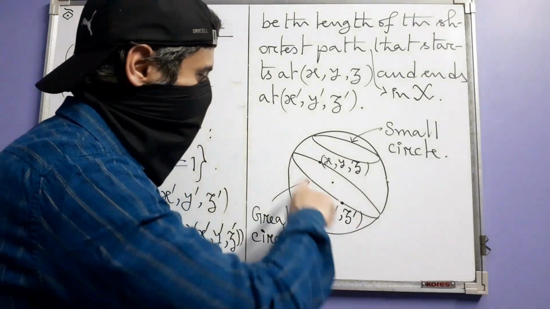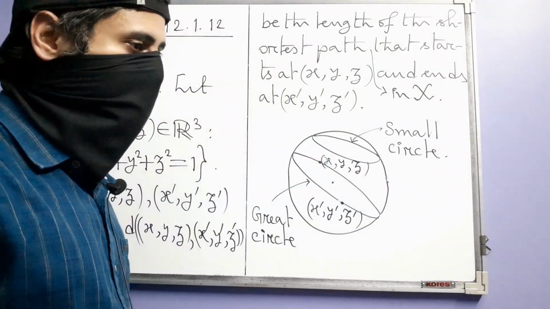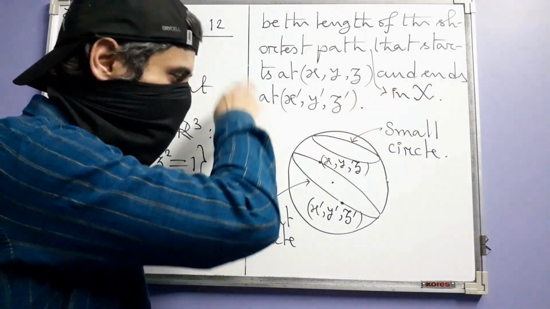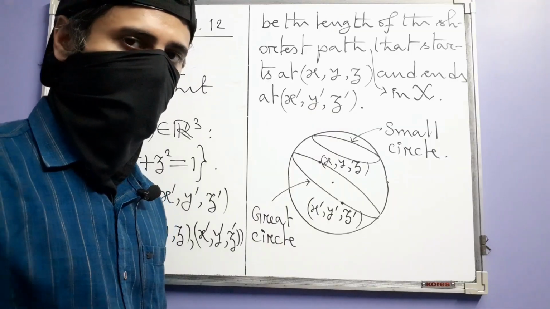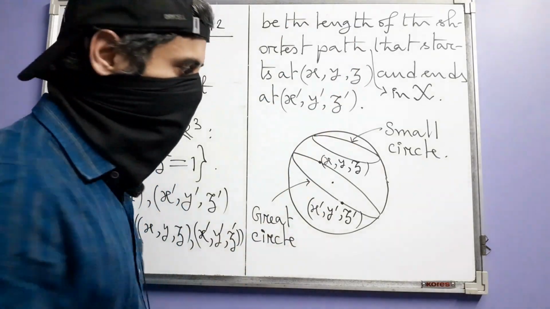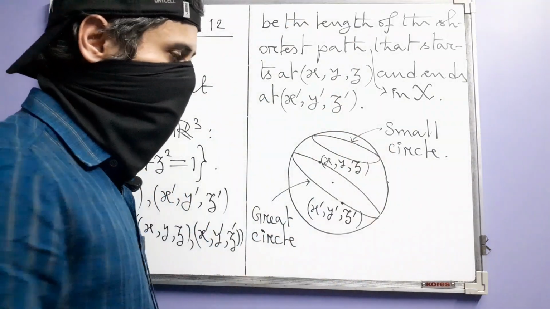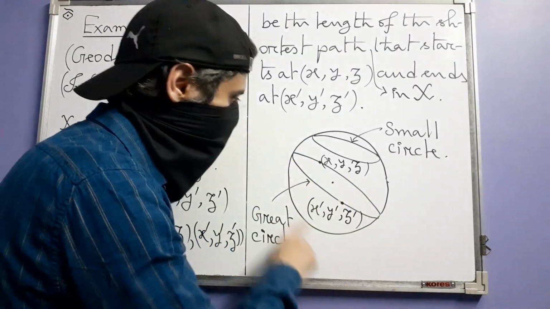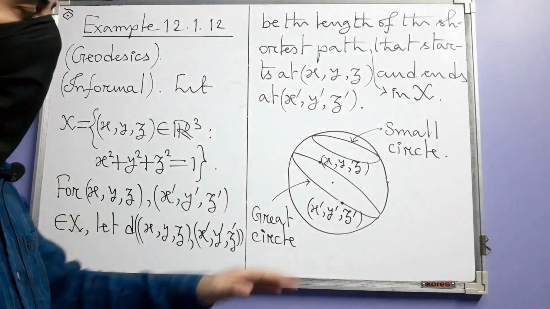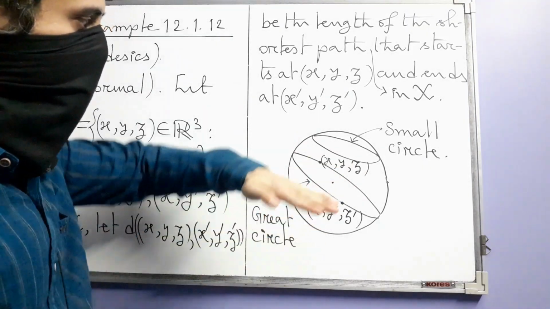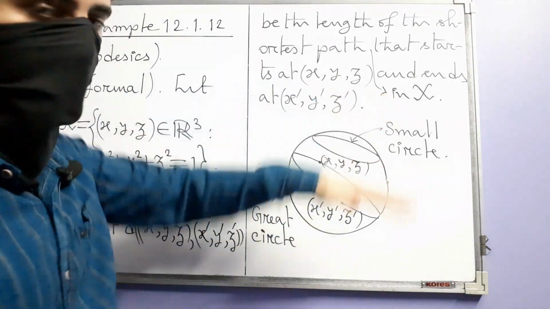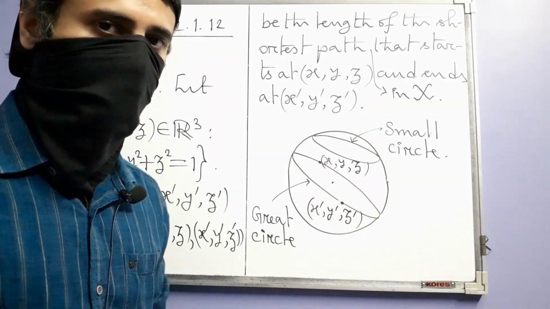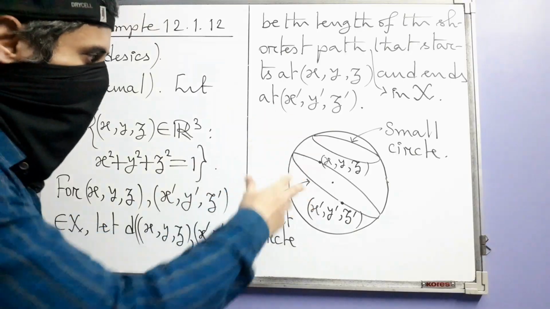And that cut will create a circle, that is a great circle. Why do I say a great circle? Because you can have infinitely many such cuts, all passing through the center. And these great circles are the largest possible circles that lie on the surface of the sphere. As opposed to these cuts, if it cuts here somewhere, then also you get a circle, so those are small circles.